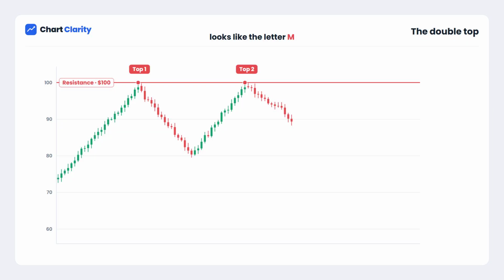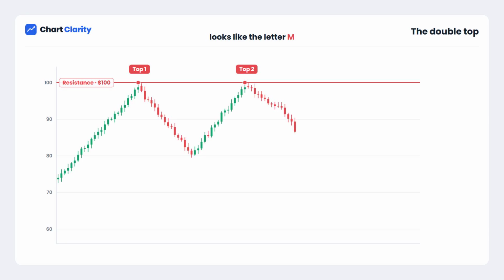But the shape is not the real lesson. The real lesson is the story behind it. Ask yourself, why does price fail at the same spot twice? Because that ceiling is where the sellers are waiting. The first time, buyers charged the ceiling and got beaten back. The second time, they came back and tried again with everything they had, and they still couldn't break through.